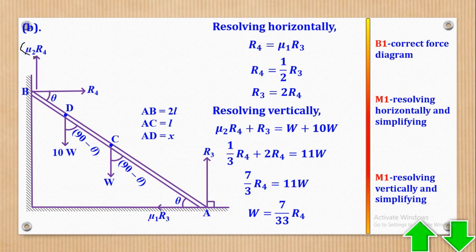For mu2 R4, it is a force. Then the distance is from the pivot to the point where the force originates from, and that is AB. And remember, AB is 2L. Then the angle is 90 plus theta. So the moment will be mu2 R4 times 2L times sine of 90 plus theta.